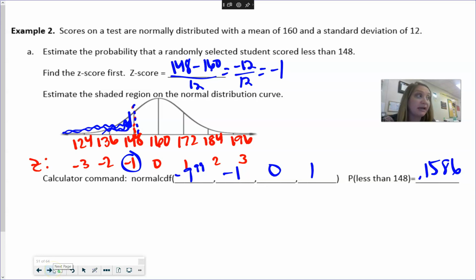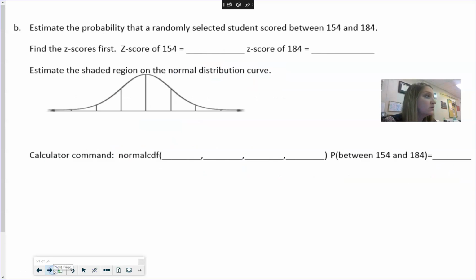Okay, the next one's an in-between. So here we go. Now we're going to go in between 154 and 184. So remember my mean was 160. This was 148, this was 172, and this was 184.